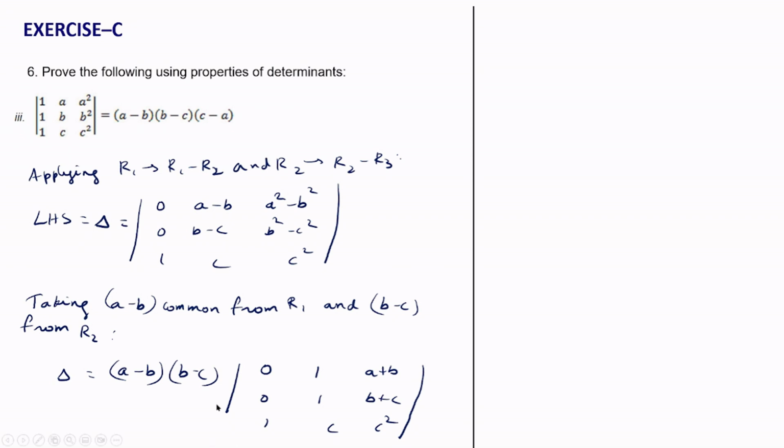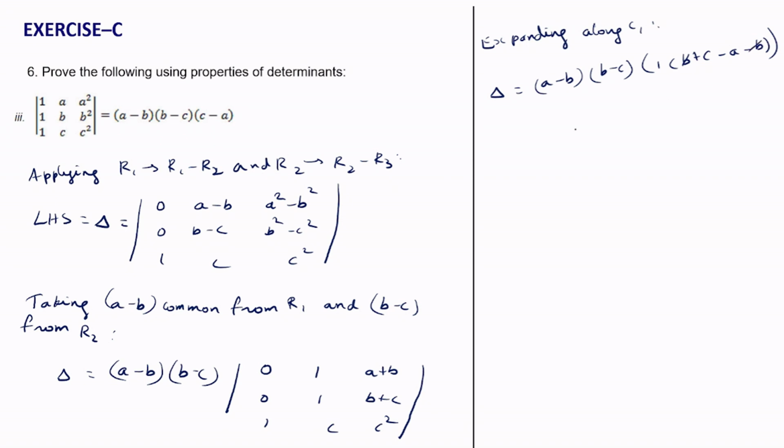So we can expand along C1. Expanding along C1, we get delta as a minus b into b minus c into, here these two terms are 0, so 0 plus 0, then plus 1 into b plus c minus a minus b.